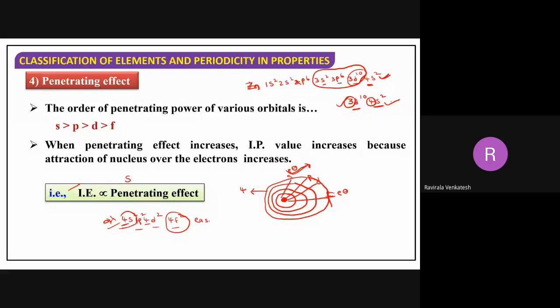You can't take like 3s, 4d, 3p, 5p, like that. The n values must be the same. That is a key factor for us. Understood? So ionization energy is directly proportional to penetrating effect.